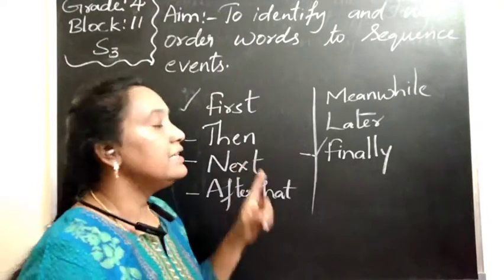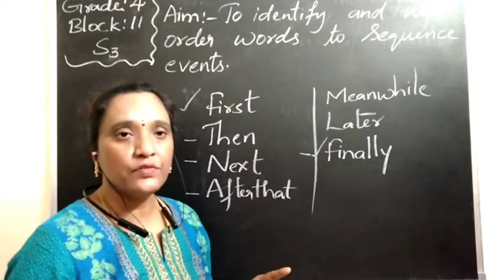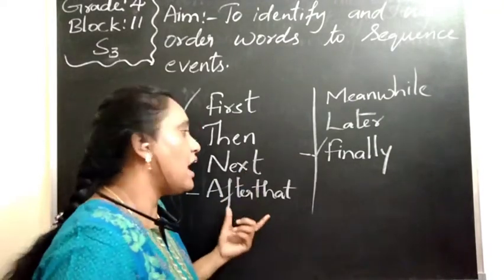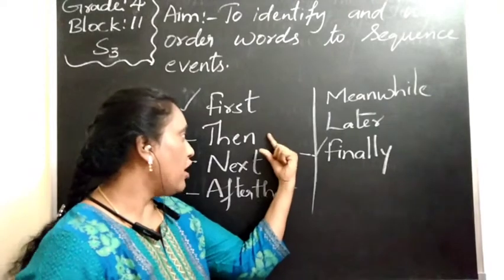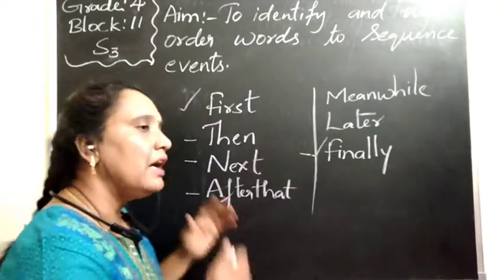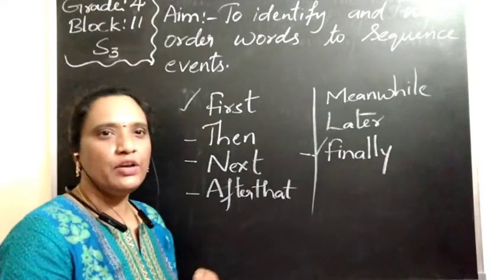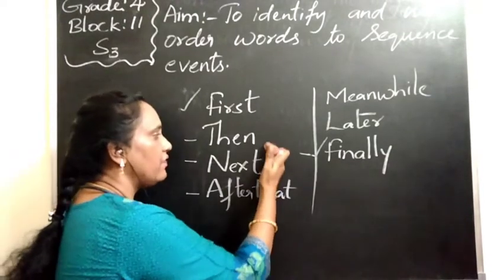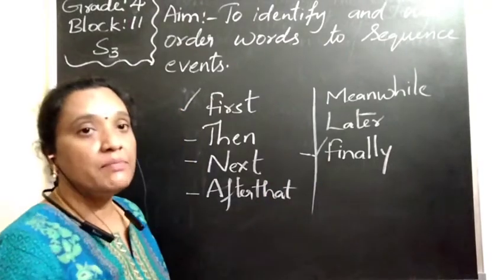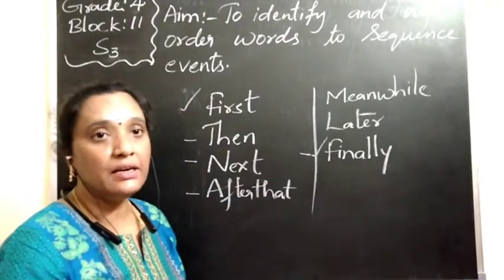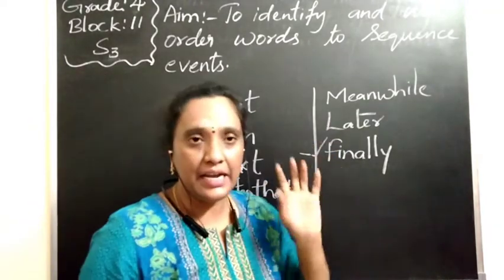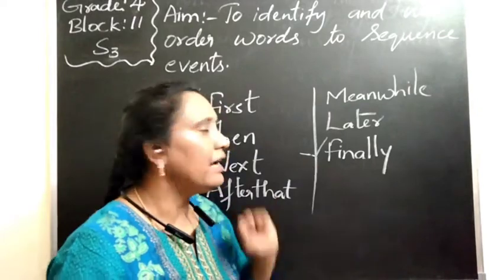Then is the one which we can use for the second sentence, or we can use next for the second sentence. After using then and next, we want to use after that. While repeating sentences, we can use these then, next, after that, as many times as we want in the paragraph. Then the last ending sentence must contain the word finally.